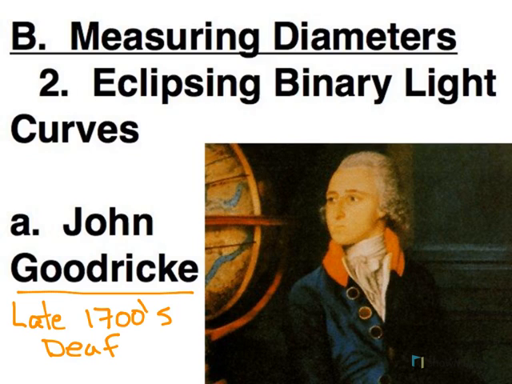He lived a short life, but he made this contribution using this idea that if you could time how long it takes for the light of a binary system to dim as each star passes in front of the other, we can determine the size of the two stars.